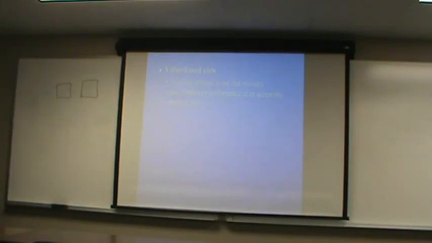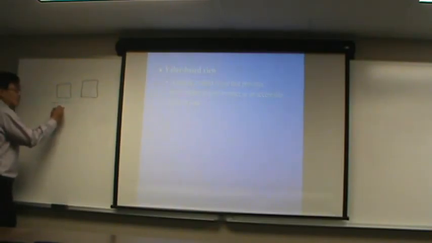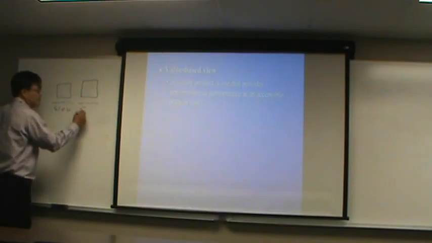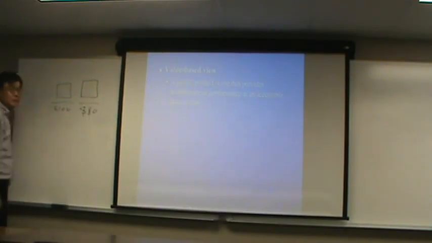Exactly the same, identical products, but different price. $100, let's say $80. If you need one of them, which one will you buy? Absolutely this one, right? Why? Cheaper, but another has a higher value.